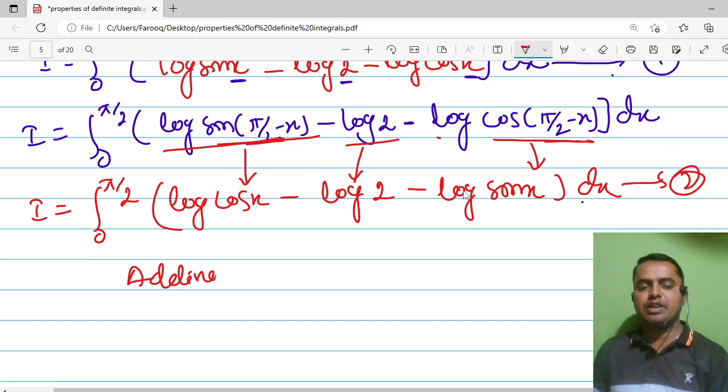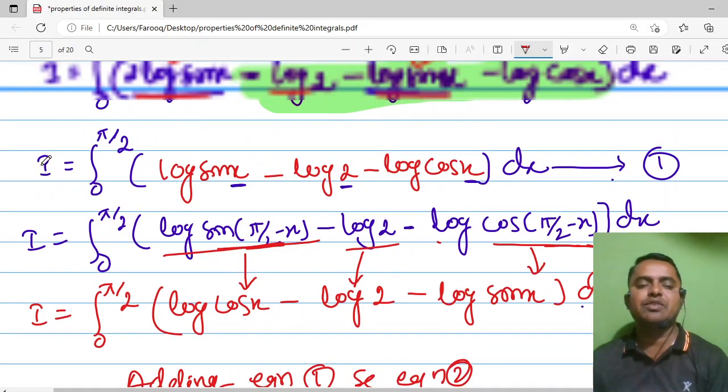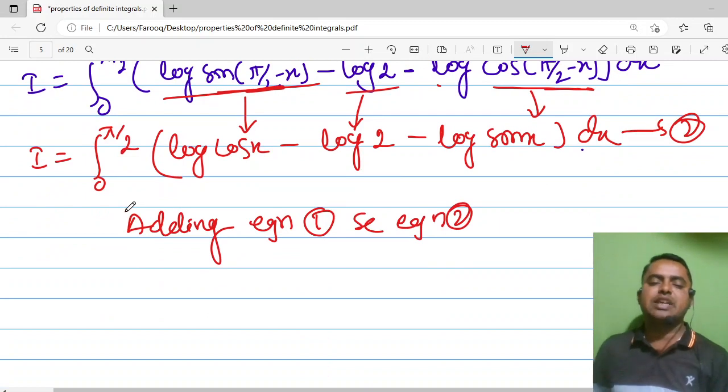Adding equation 1 and equation 2. On the left hand side, both equations contain I, that is I plus I, which is nothing but 2I. And in 2I, 0 to pi by 2 is common.